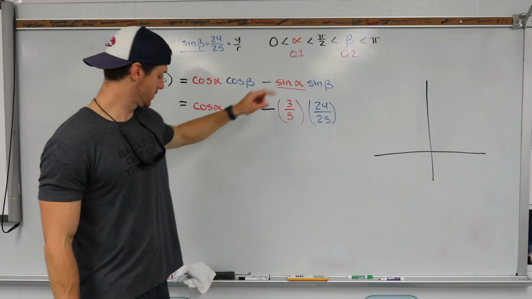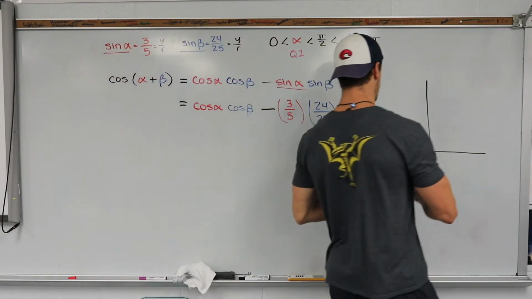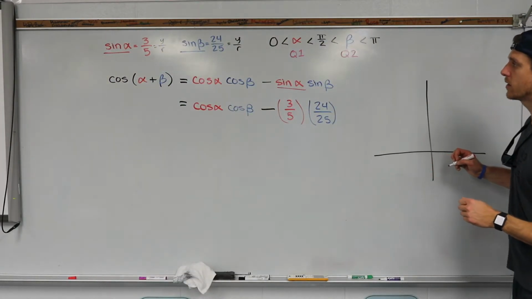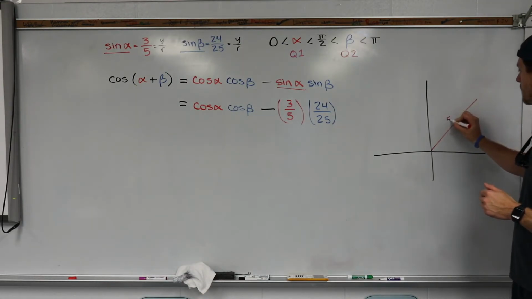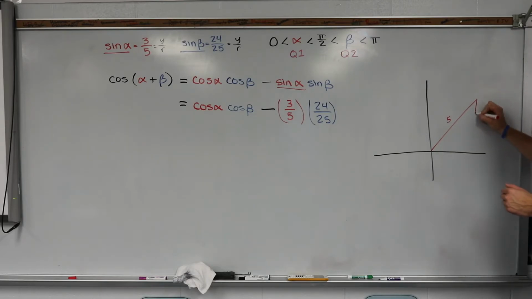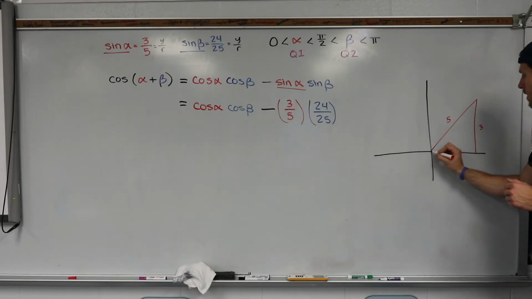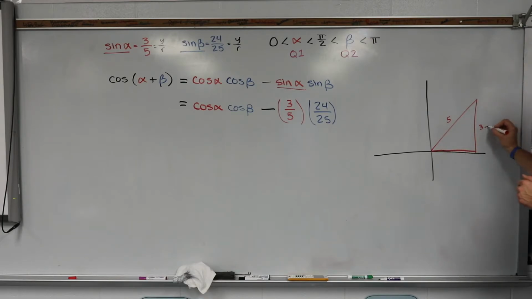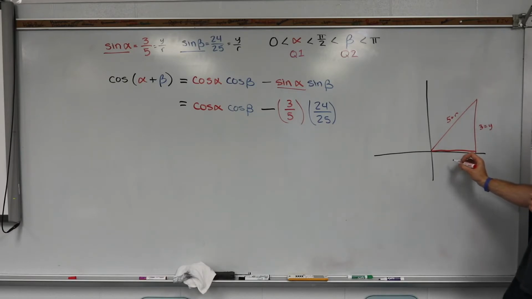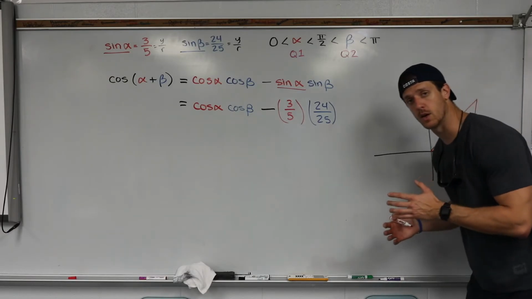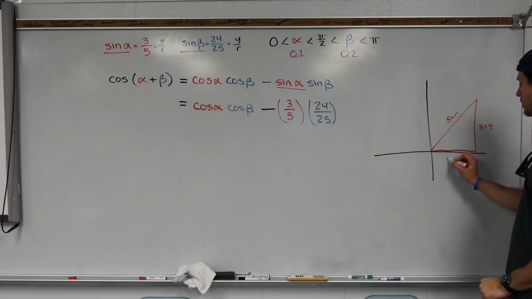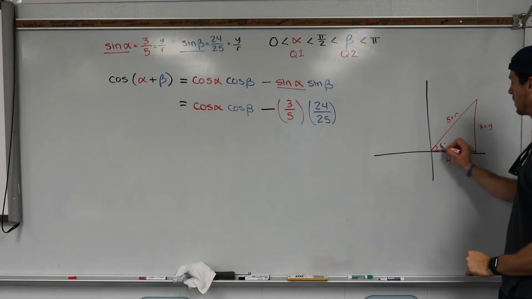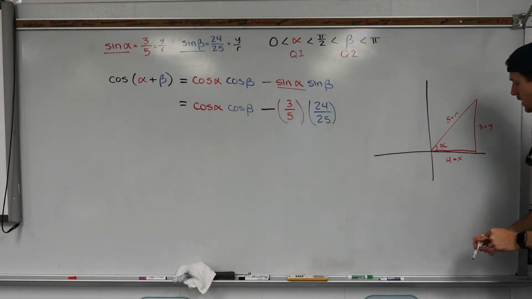That is in the first quadrant. R is 5, the y value is 3. So this is y, this is r. We shouldn't be too surprised to know that the x value is equal to 4 when alpha is right there.